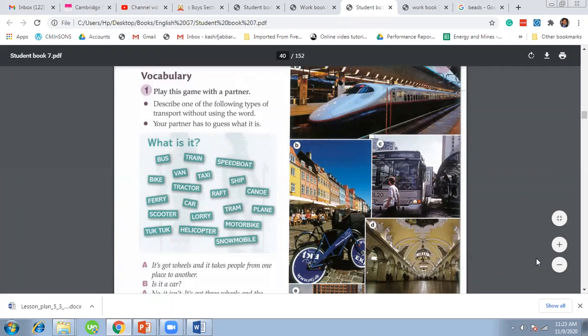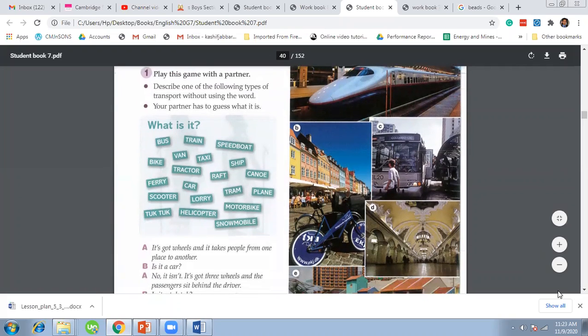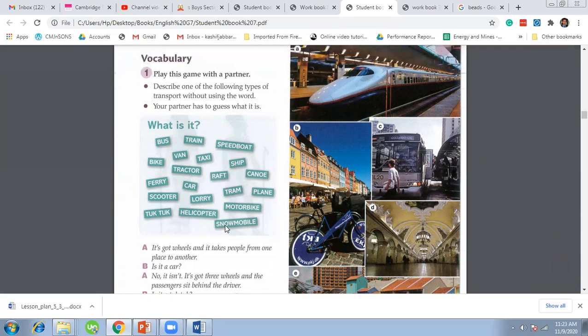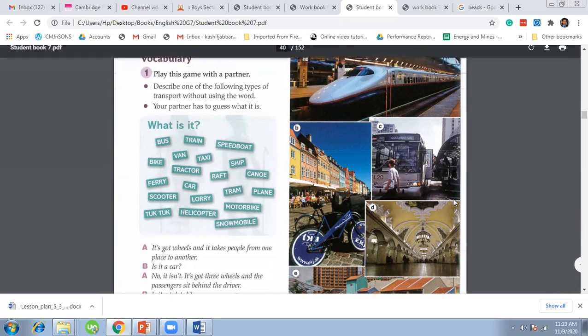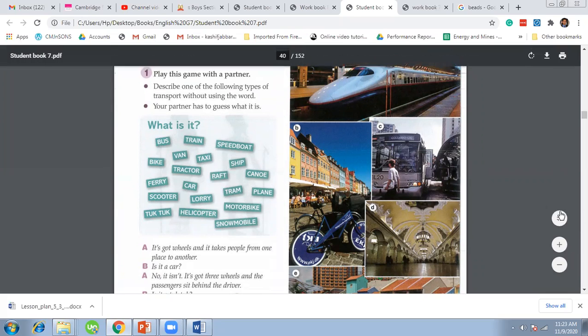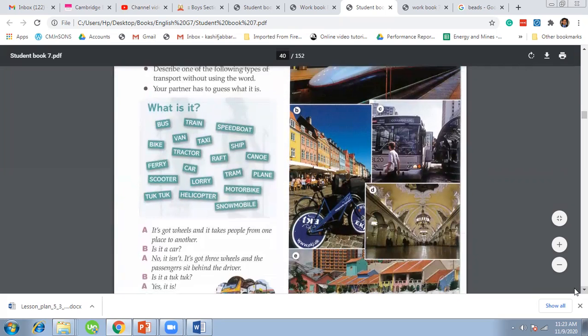As you can see here, there are many types of transportation like bus or train, speedboat, taxi, van, tractor, bike, ferry, and there are many more. So, how are you going to play this game while using this transport related vocabulary?